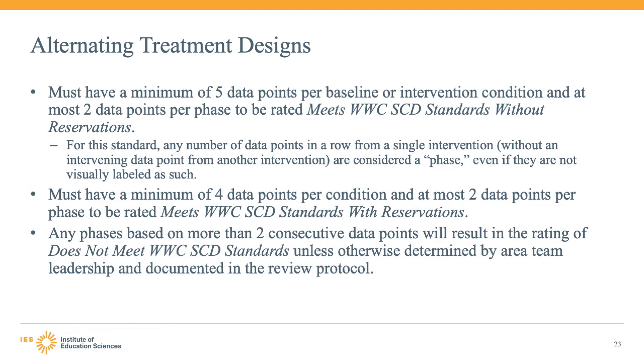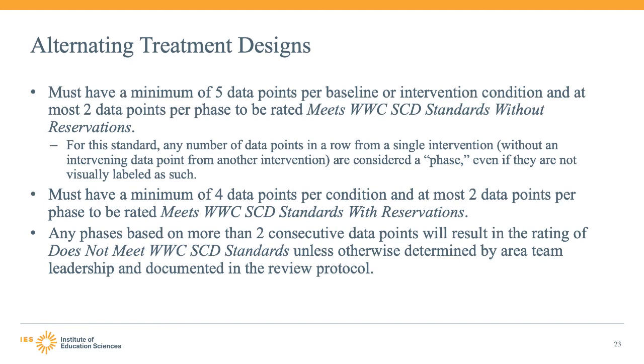According to the WWC Standards Handbook, when applying this standard, any number of consecutive data points from a single intervention, without any intervening data points from another intervention, are considered a phase in an alternating treatment design. Alternating treatment designs must have a minimum of 4 data points per baseline or intervention condition, and at most 2 data points per phase in order to be eligible to be rated meets WWC SCD standards with reservations.